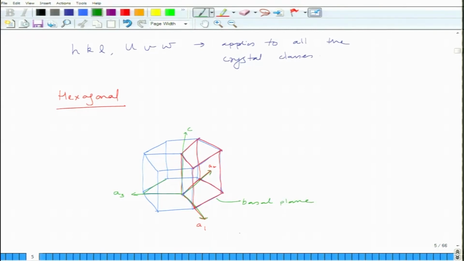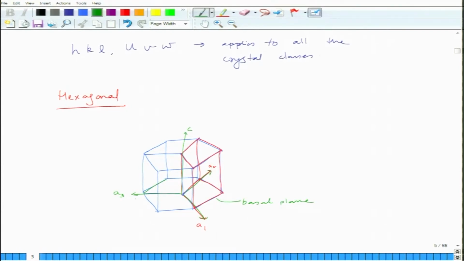Now, instead of taking this small unit cell as the hexagonal unit cell, if we take the big unit cell, which is the hexagonal cell, then we can conveniently choose a 4 axis system where A1, A2, A3 are 3 axes within the basal plane and the C axis is the axis which is out of the basal plane.